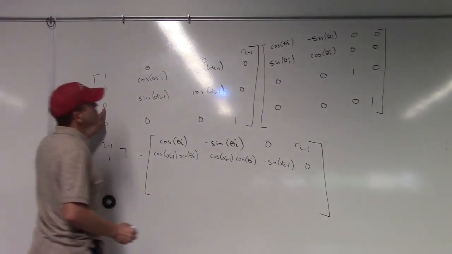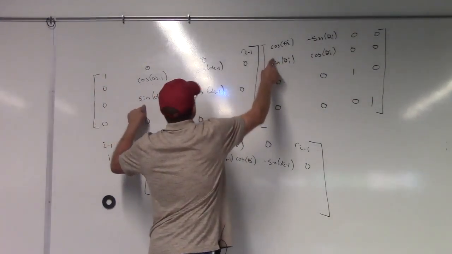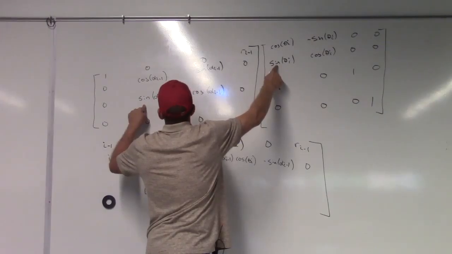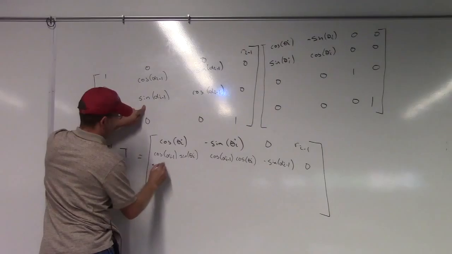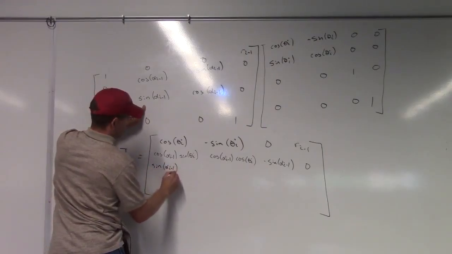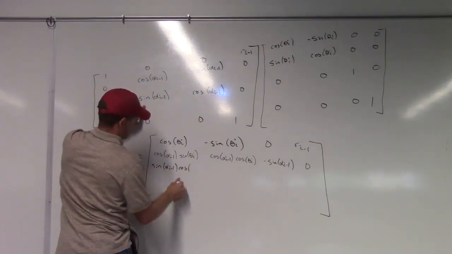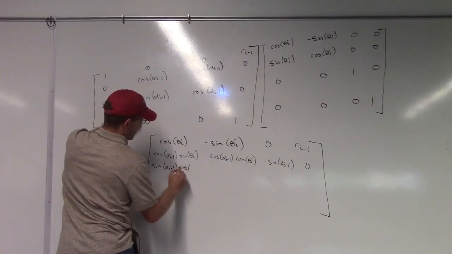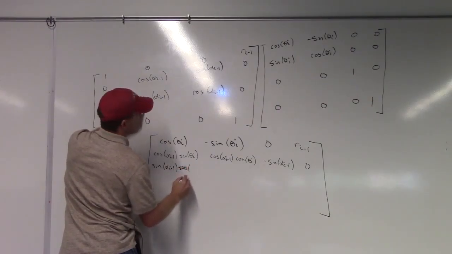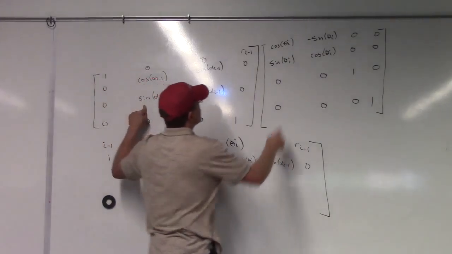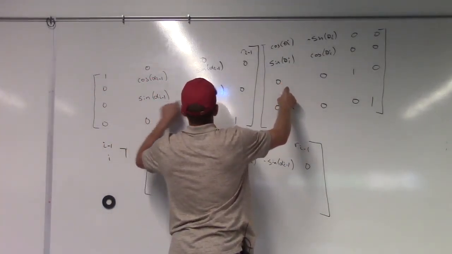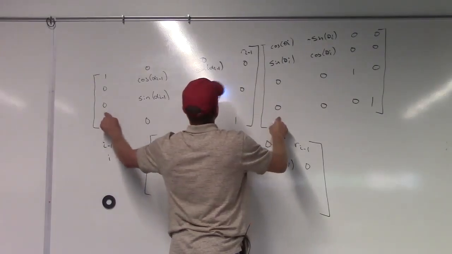Third row then will be 0 and 0. That's not a 0, that's a sine times sine. So sine of alpha i minus 1 times sine of theta i, and 0 and 0.